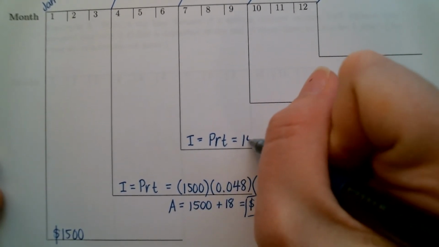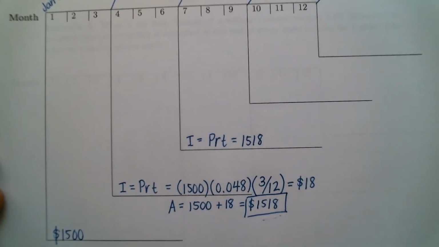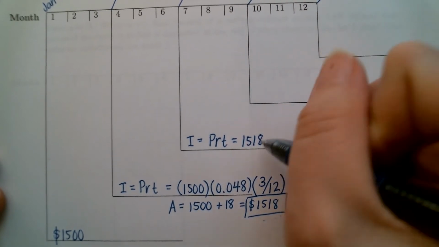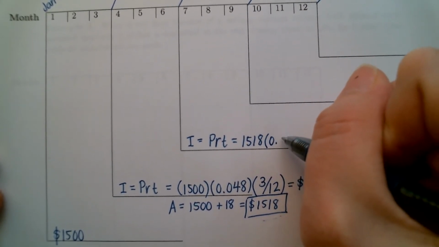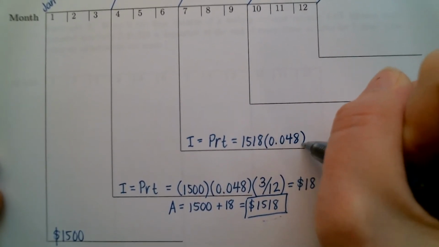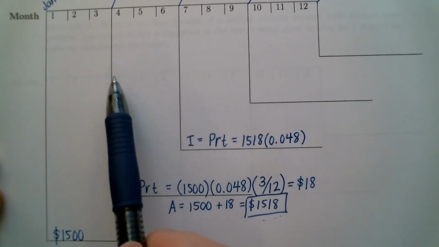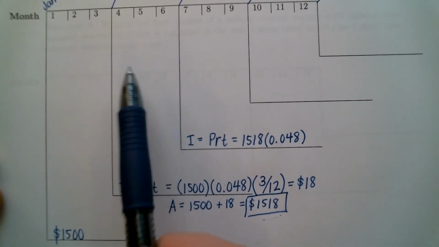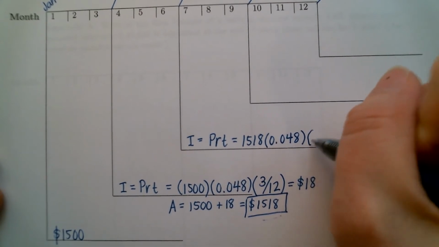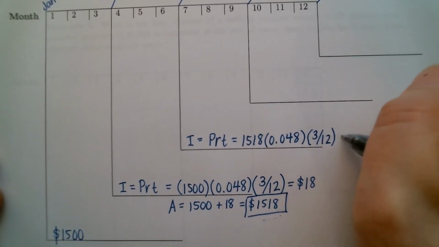During the second quarter, you had $1,518 in there. You need to multiply that by the rate, which is still 0.048. And that $1,518 sat in there for 3 months, April, May, and June. So again, 3 out of 12 months.